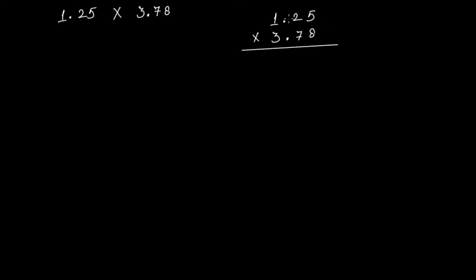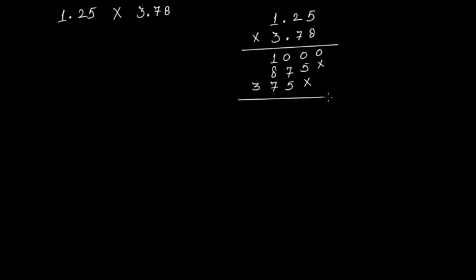So forget for a moment this decimal point. 8 times 5 is 40, so 0 here, 4 gets carried over here, 8 times 2 is 16 plus 4 is 20, 2 gets carried over here, 8 times 1 is 8 plus 2, so this is 10. 7 times 5 is 35, 3 gets carried over, 7 times 2 is 14 and 17, 1 carried over here, 7 times 1 is 7 and then 8. 3 times 5 is 15, 3 times 2 is 6 plus 1 is 7, and 3 times 1 is 3.